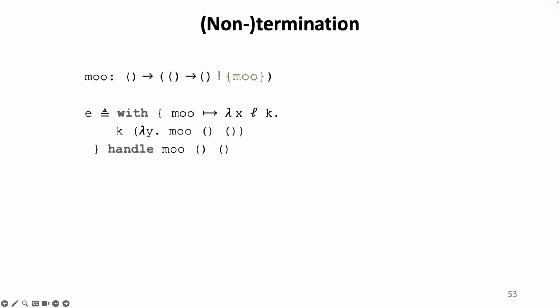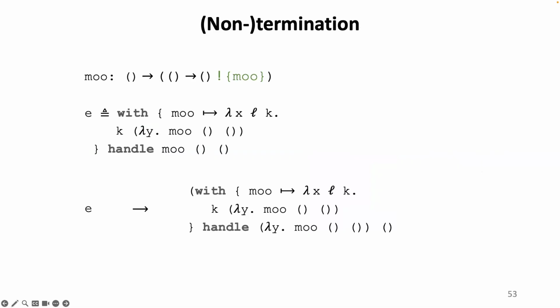I will probably skip the rest of the few technical slides, but you can see more about them in the paper. There is some reasoning about termination of the calculus. If you just work with standard effect handlers, you can actually write a non-terminating program.